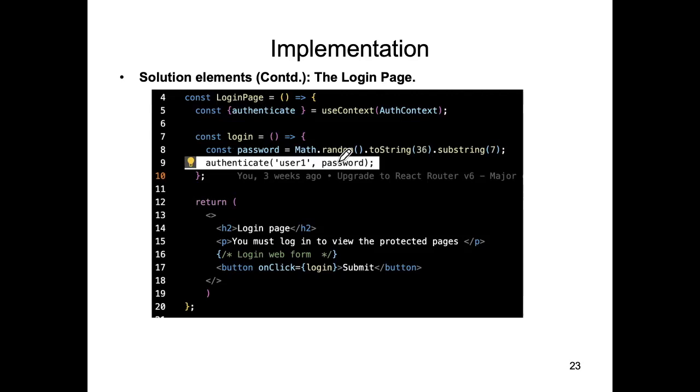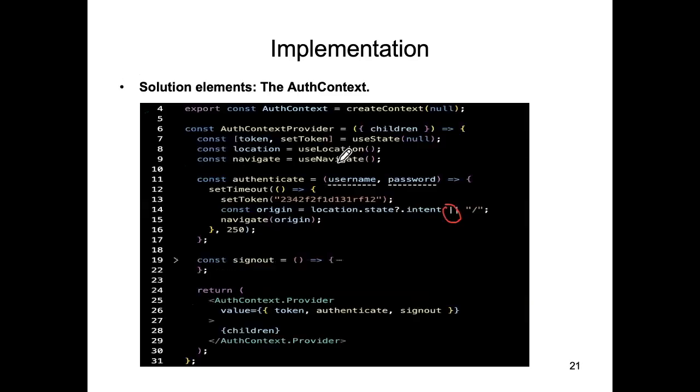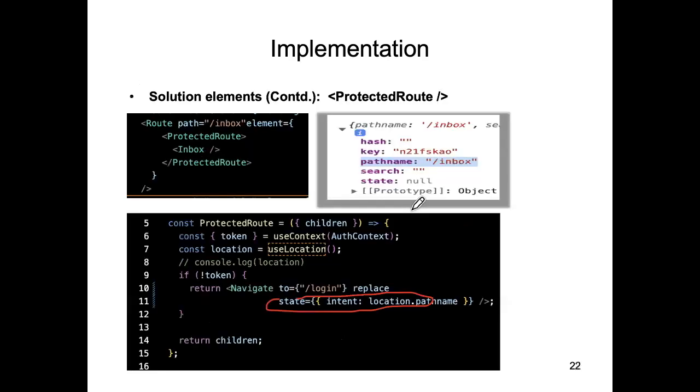The authenticate function, if I go back to it, is here, which we've looked at. Now, if I come back to this part here, location.state.intent, just forget about the question mark for a second. Location.state.intent now corresponds to what I was trying to do here.